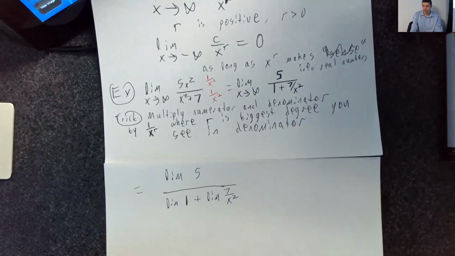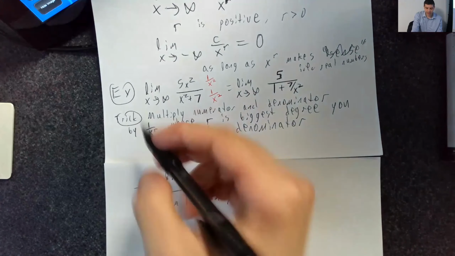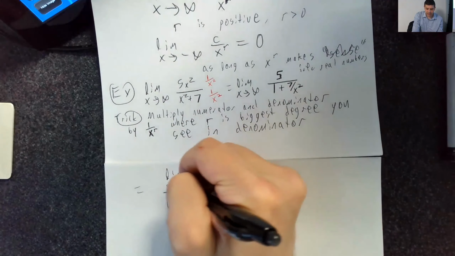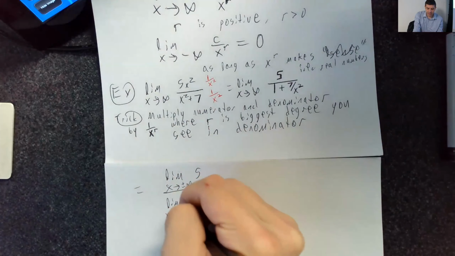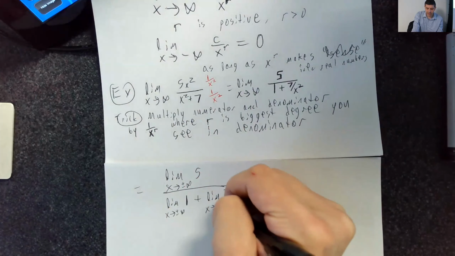That's what my limit laws tell me: with this algebra, I could do the limit of each one separately, as x goes towards, actually, I could even do plus or minus infinity. It doesn't matter in this case. We'll see later where it will matter, but here it doesn't matter.